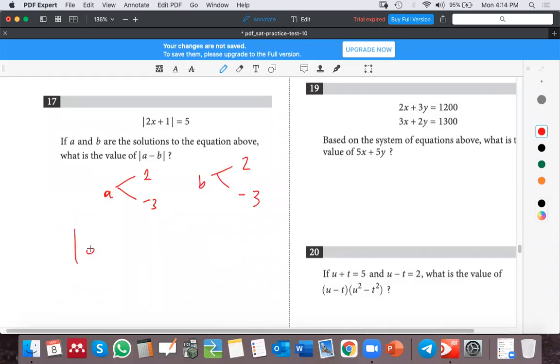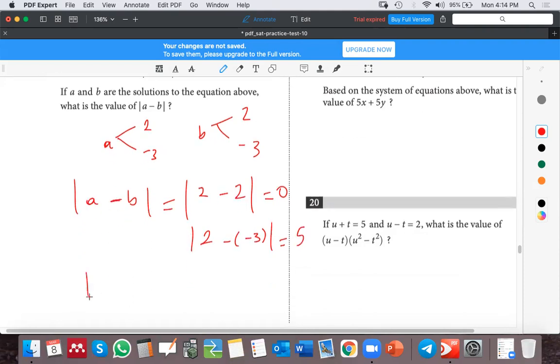So what will be A minus B? It's so simple. If A is 2, B is 2, it could be 0. If A is 2, B is -3, it could be 5. Why? Negative, negative, positive, 2 plus 3, 5. If A is -3, B is 2, the result is still 5.